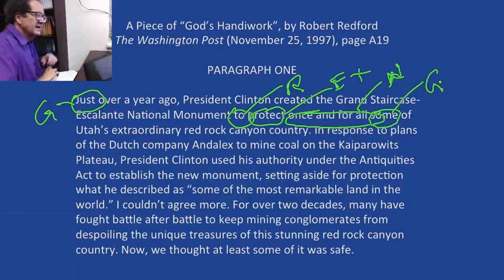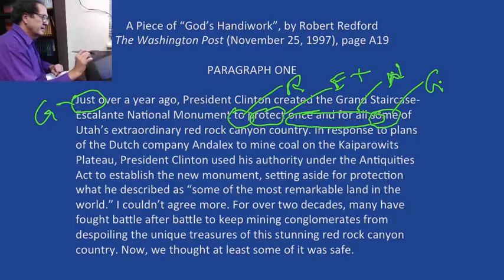It's saying that what's protected is not all of Utah's Red Rock country. It's only some of it. And it's important for him to guard that, because he wants to say later on, as we'll see, that there's lots of it outside the monument that's not getting protected. So he wants to guard it and say it's not all. That's going to be important to his argument.